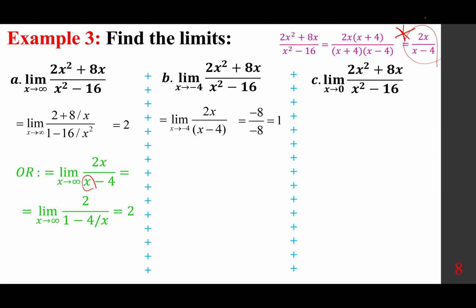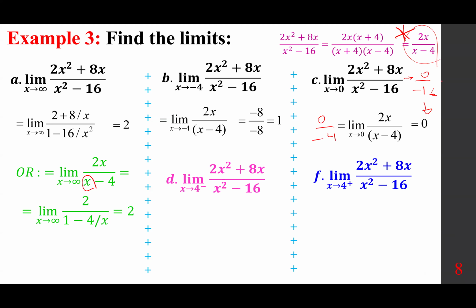What if x is approaching 0? You can plug it in right here and you see the answer is 0/-16, or plug it into this one and you get 0/-4, which is 0. Over here it also gives you 0/-16, which is 0. But work with the simplified version.